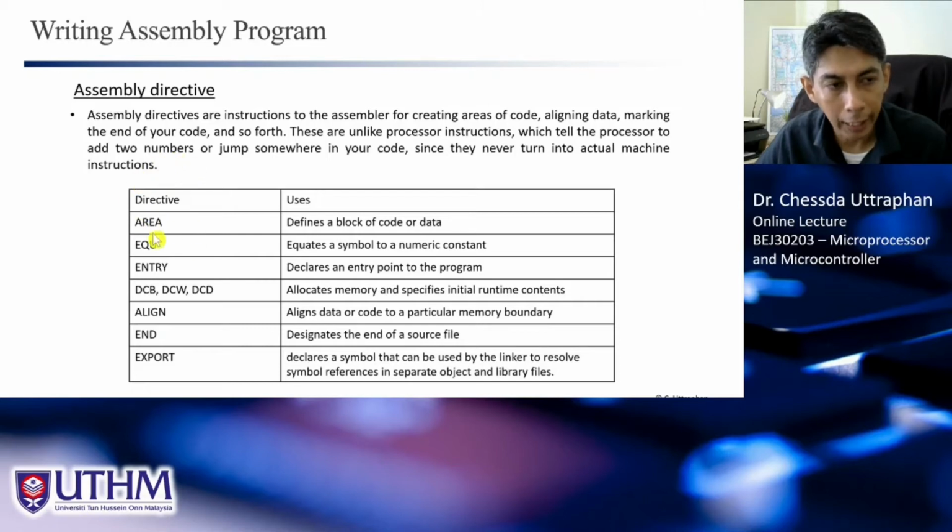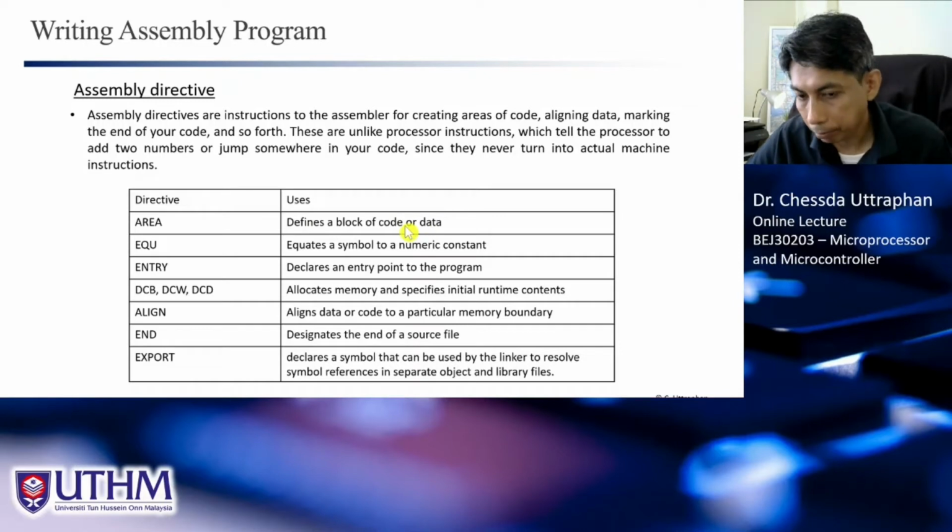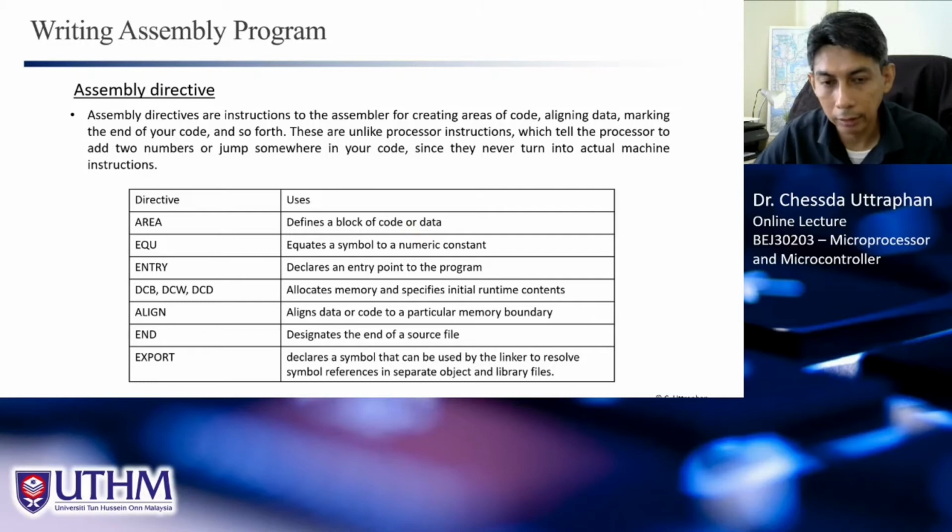So for example, AREA: when we write AREA in our program, this is used to tell the assembler that this part of our code is for code or data, right? So we can set in the microprocessor memory that a certain area is reserved for code or reserved for data.